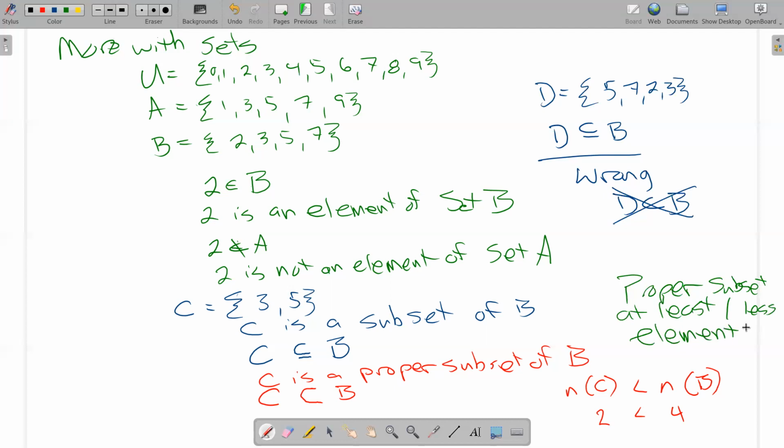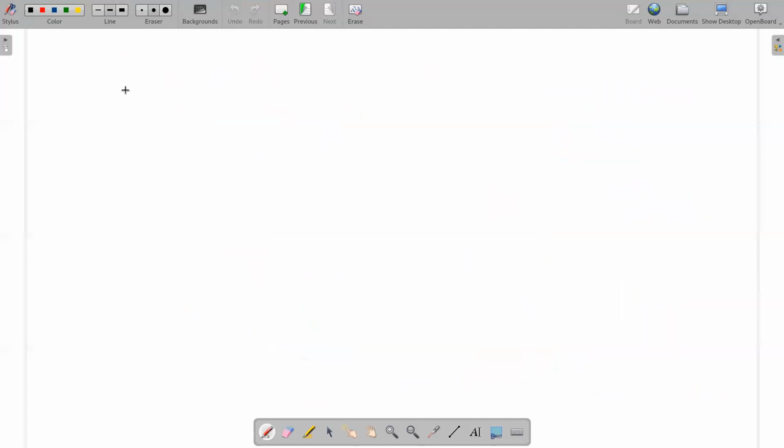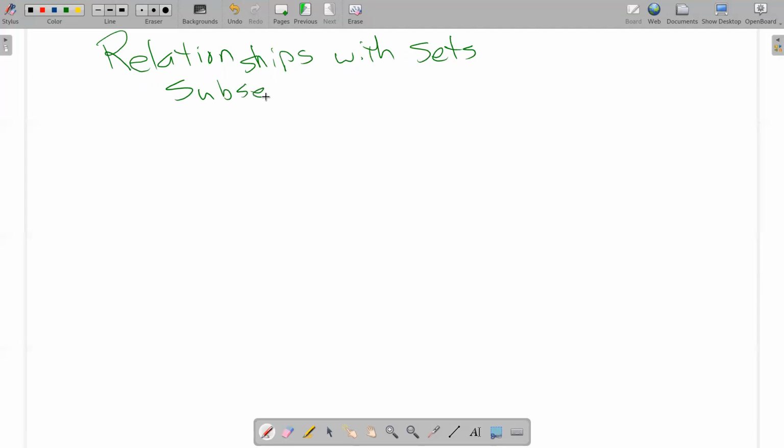So a set can belong to another set. That's okay. So that's a relationship we can have with sets. Other relationships we can have with sets besides the idea of a subset or a proper subset. So we have subset, we have proper subset.